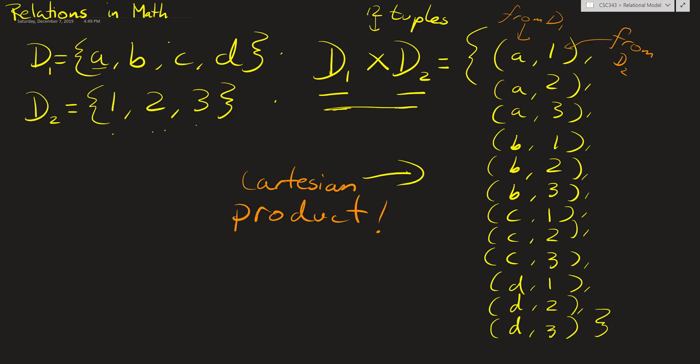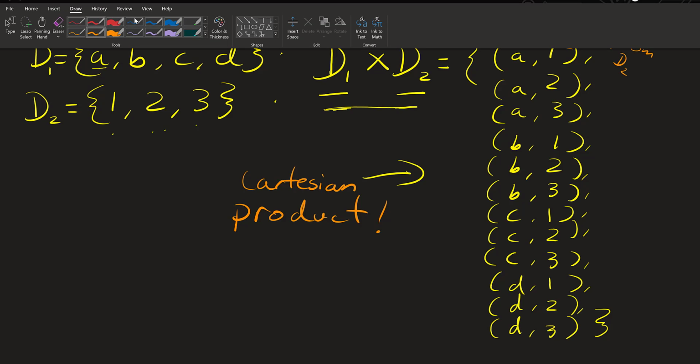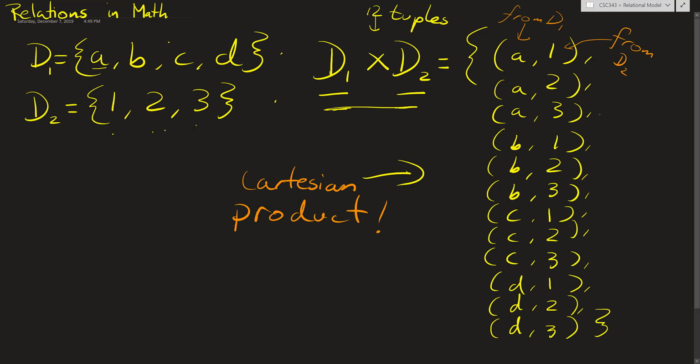So let's actually show that. A relation is a subset of a Cartesian product.